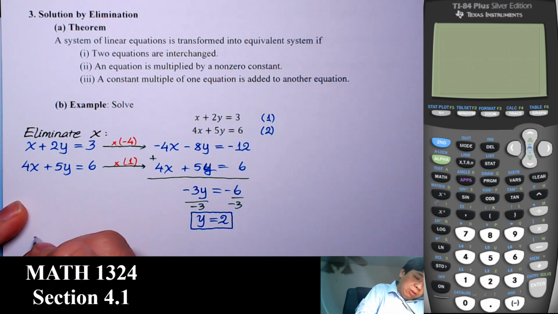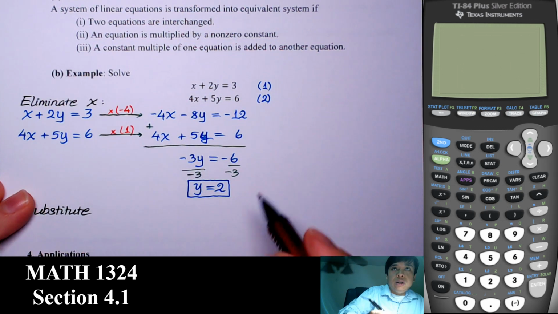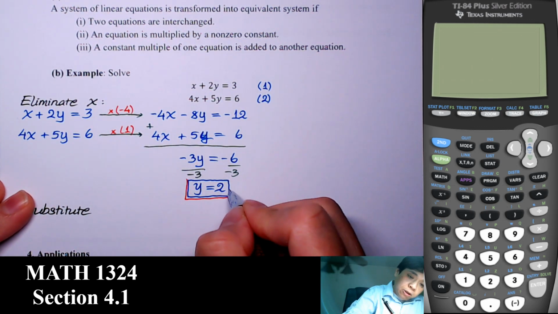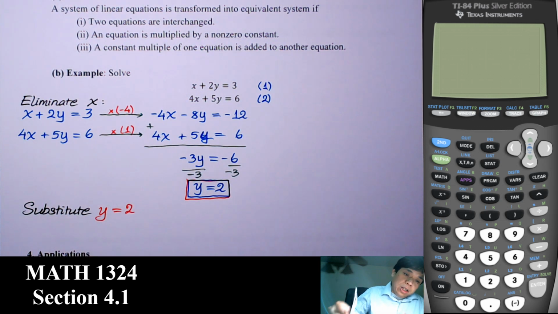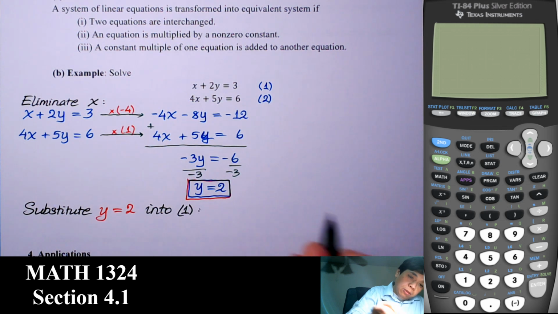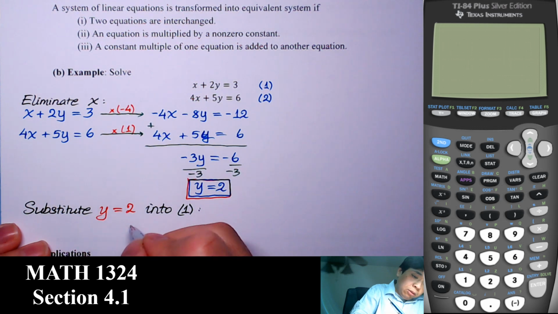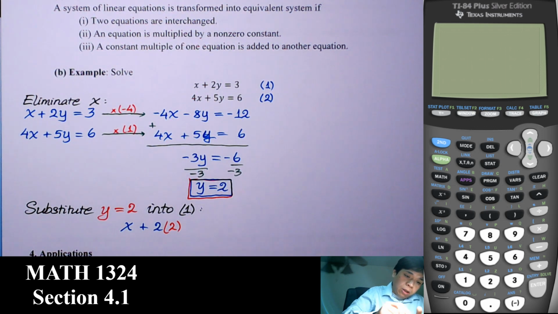So substitute y equal to 2 into the first equation: x plus 2y equal to 3.